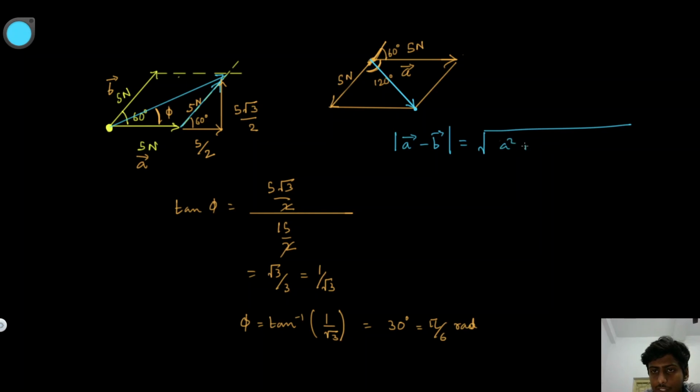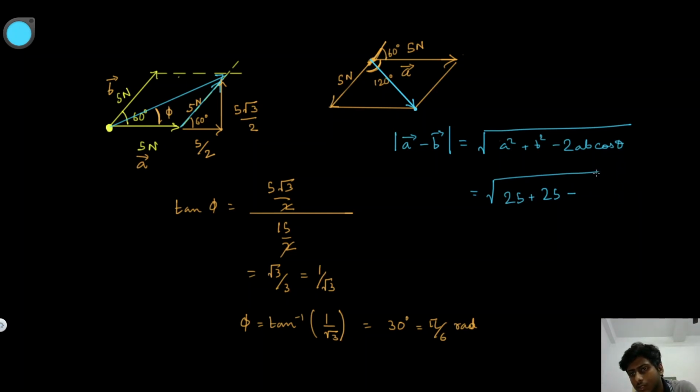A square plus b square minus 2ab cos theta. Square root of a square is 25 plus b square is also 25 minus 2ab, so twice of 5 into 5, okay, so that's 25, and cosine theta.